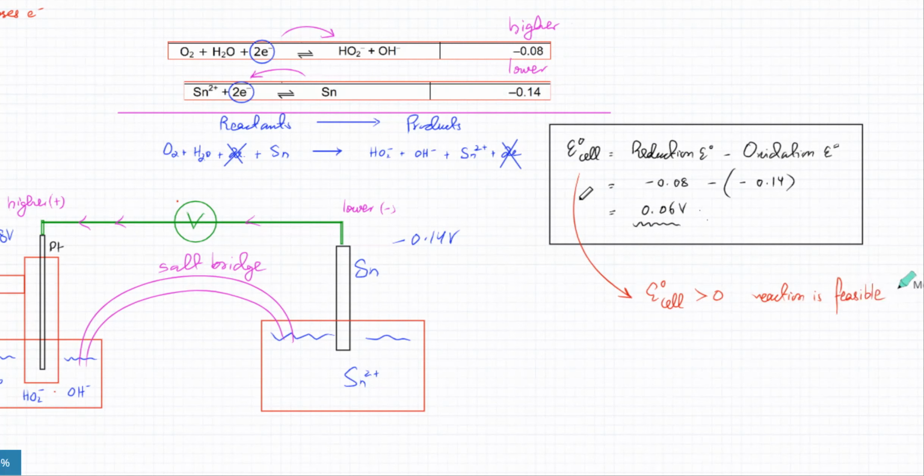It's feasible or spontaneous. And the other thing is that a higher E0 cell means a faster reaction, or you can say a more feasible reaction. So that's what E0 cell would represent.